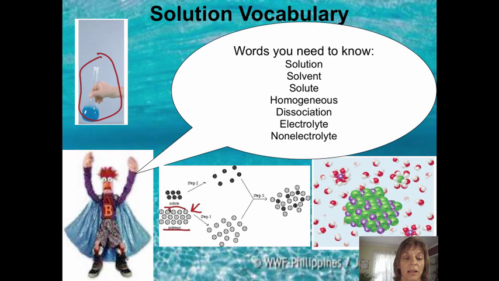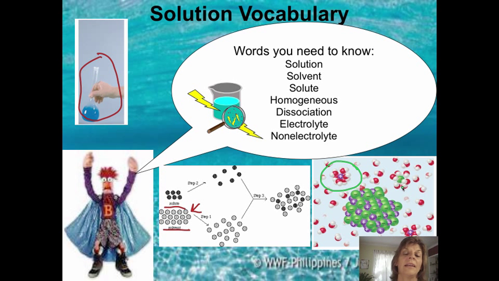When you mix a solute and a solvent, if the solute is ionic, you're going to have dissociation going on. That's what's happening here, with the ions being surrounded by water molecules and separating from the other crystalline ions. Because those ions are now dissociated in water, they can make an electrolyte, like Gatorade.